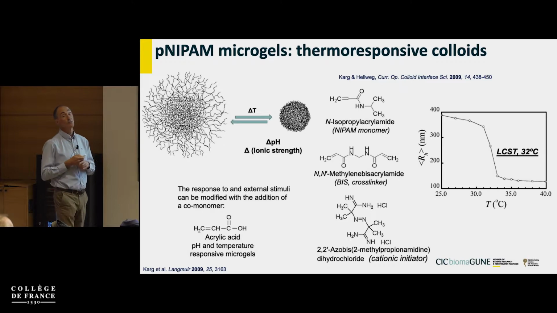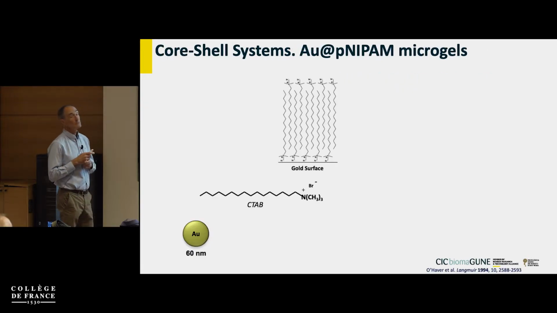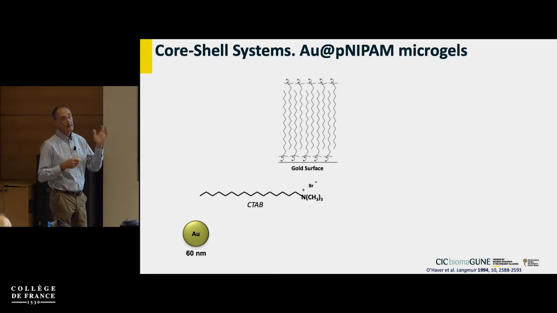Okay, now, why are we interested in this? Well, we are interested because you can also try to play around with the plasmonic particles and convert them into nuclei to grow the microgels directly from them.